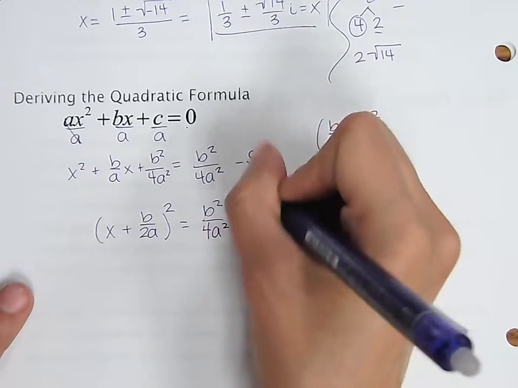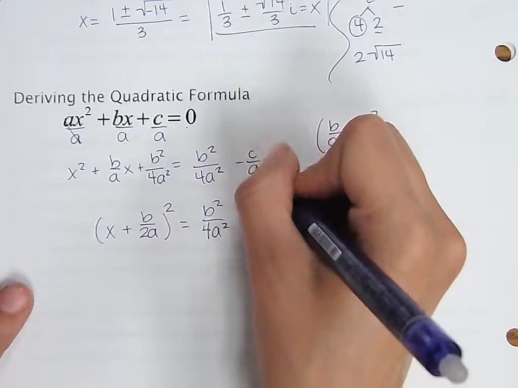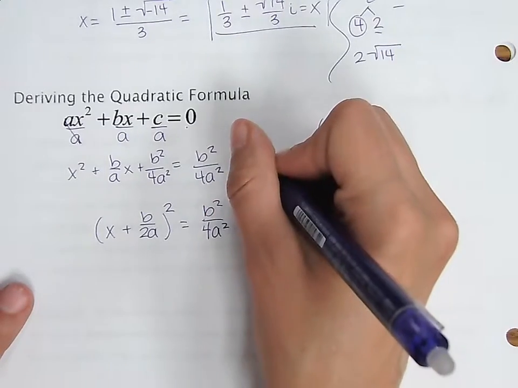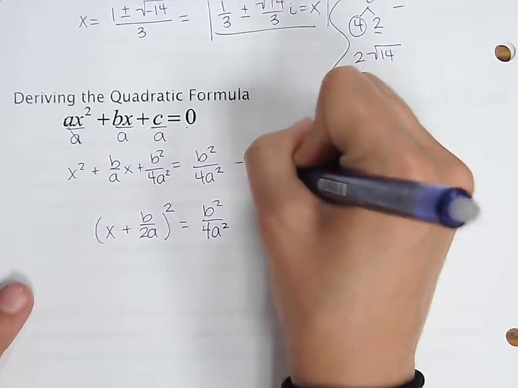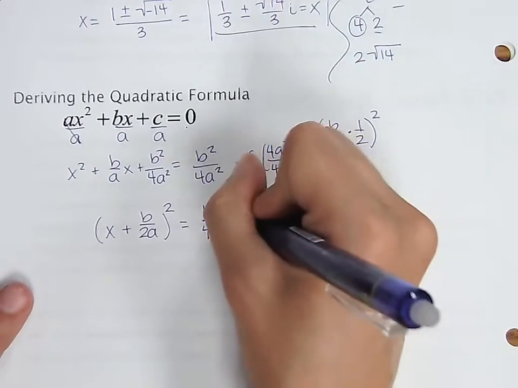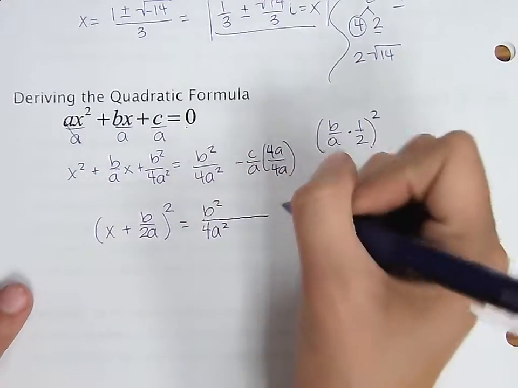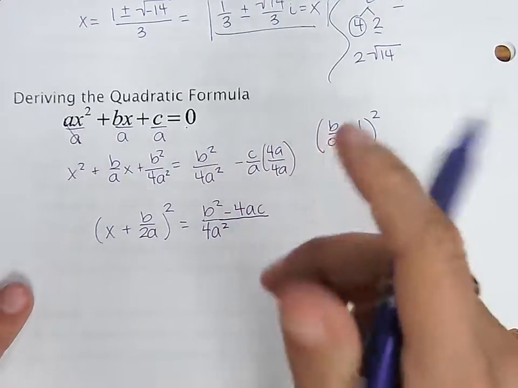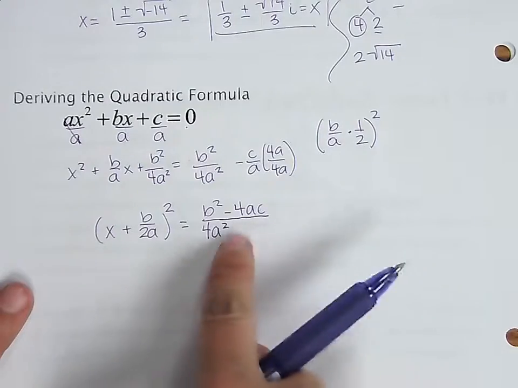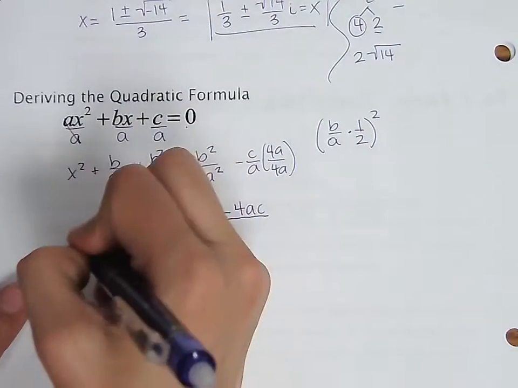Okay, if I multiply this by a, then I can get a common denominator. I'm sorry, by 4a. 4a over 4a. So that's where the 4ac comes from, minus 4ac. And the 4a squared is just a common denominator now.